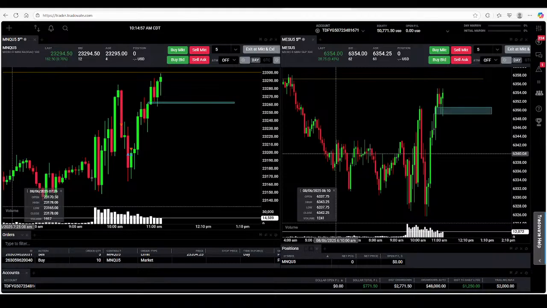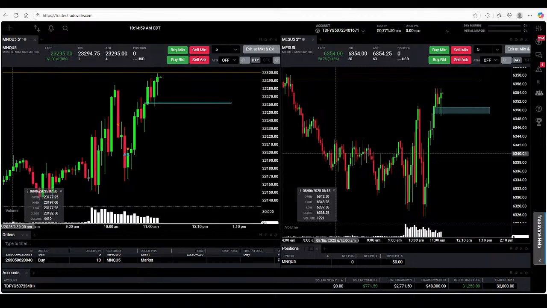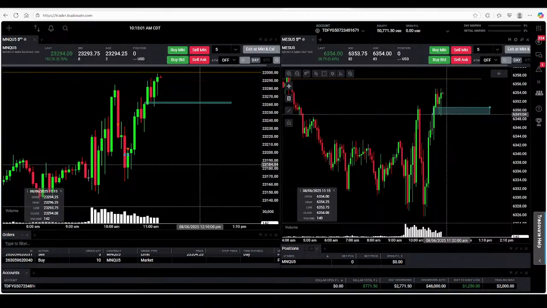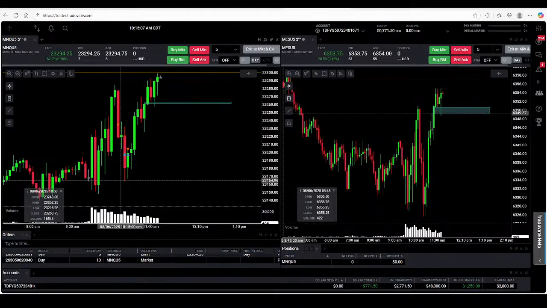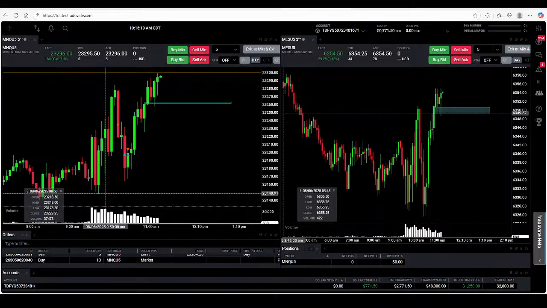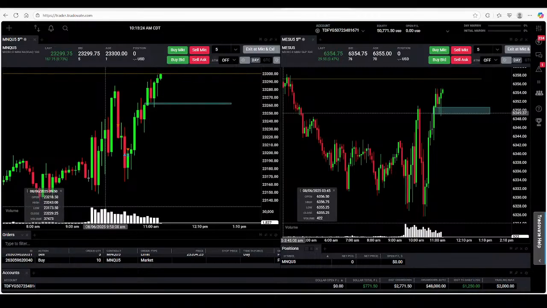So we did not inverse that fair value gap. We actually use this as a fair value gap. We did not inverse it. Let's see if we can go ahead and make some new highs here and get up into that liquidity zone or supply zone where we would possibly be looking for some sort of reject.